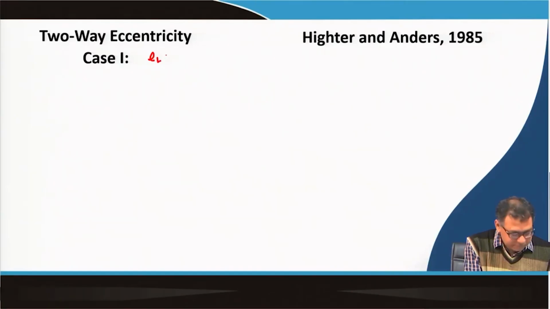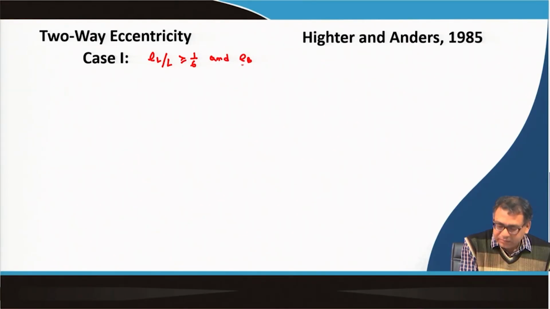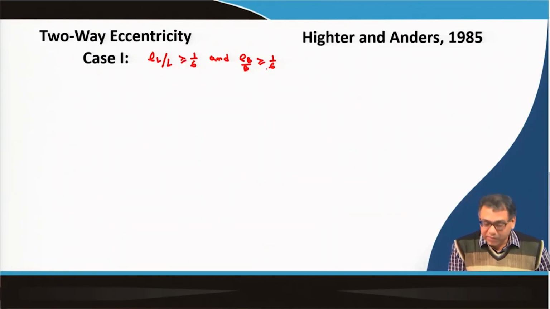The first case is if E L by L is greater than or equal to 1 by 6 and E b by b is also greater than or equal to 1 by 6. Okay. Why is 1 by 6 given?